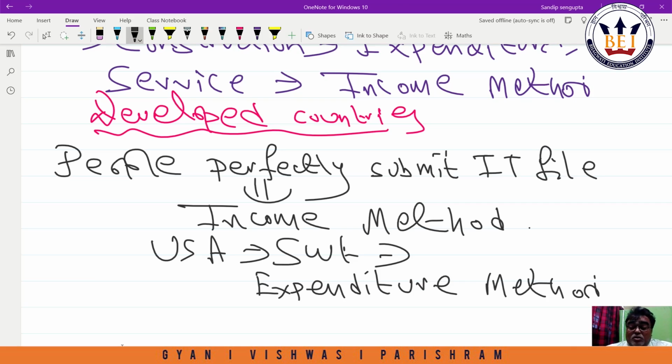Somewhere the income method cannot be used, so we take only the consumption or expenditure part. So what is our answer? Developed country, mostly income method, but for part of developed countries, both income method as well as expenditure method are to be applied to determine national income estimates.